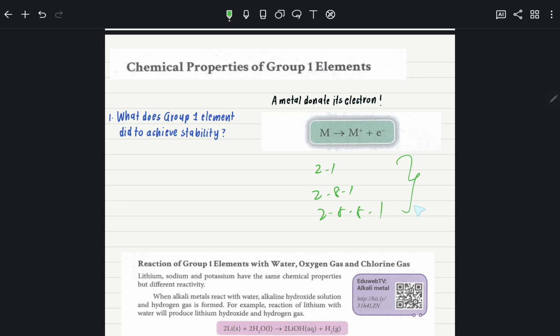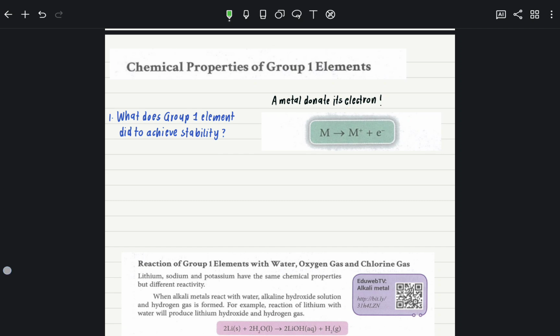So how do these elements achieve stability? Is it by filling the valence shell with 7 electrons or simply donating this 1 electron? Which one is easier? Donate the 1 or accept 7? You see the number. It's easier to donate the 1, right? You remove the 1, then everything will be 2.8.8, so it achieves stability. So group 1 elements achieve stability by donating the electron.